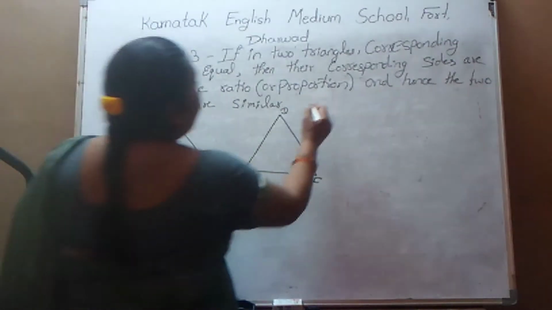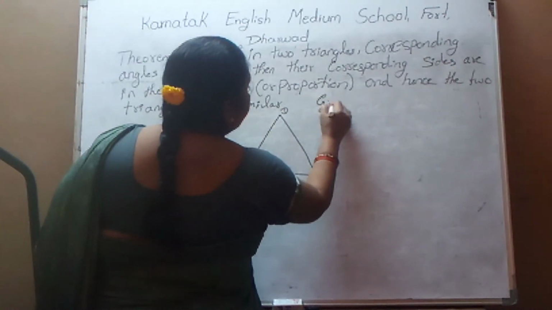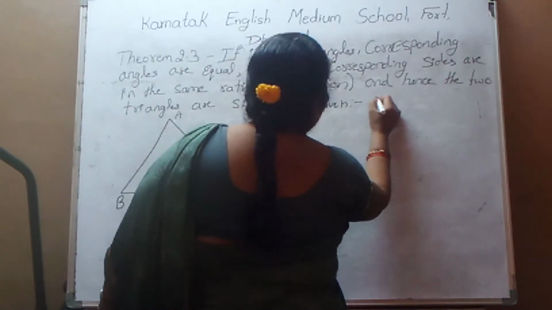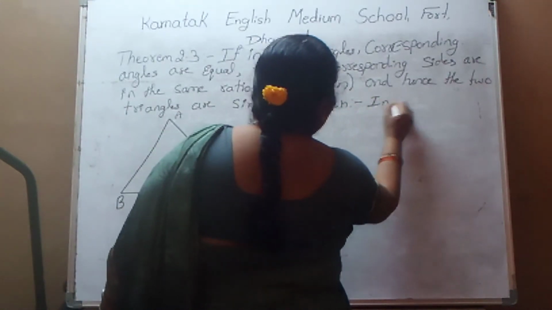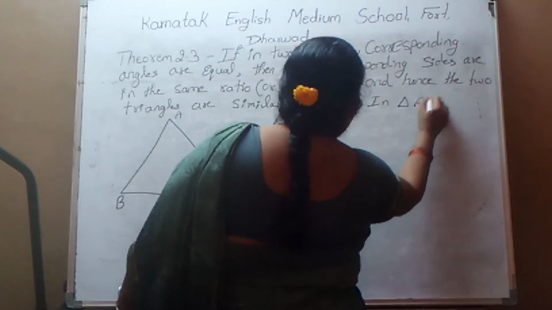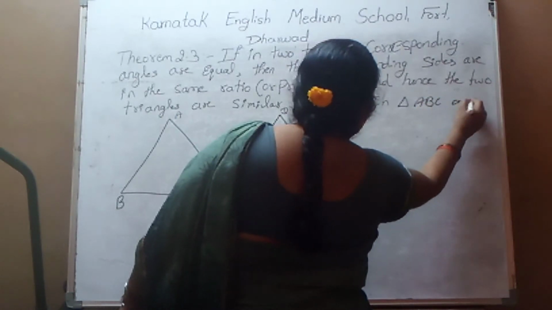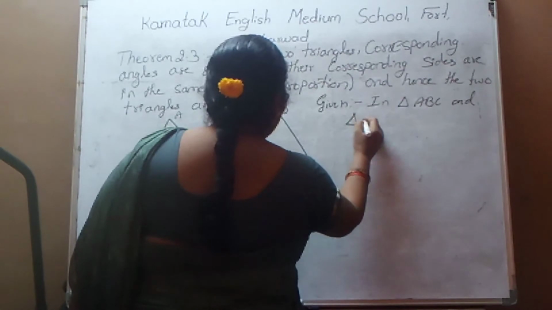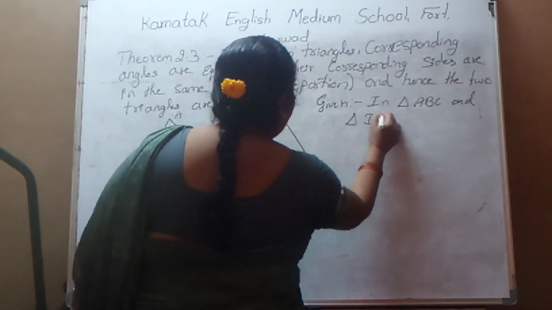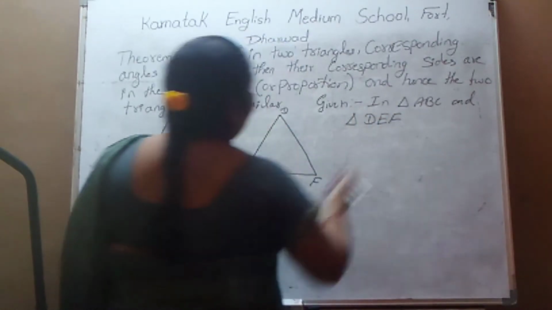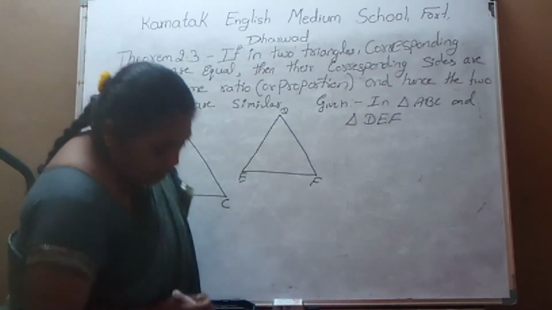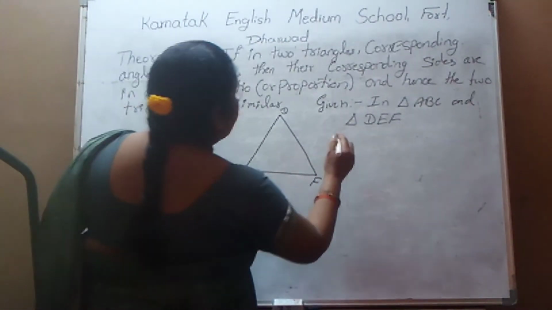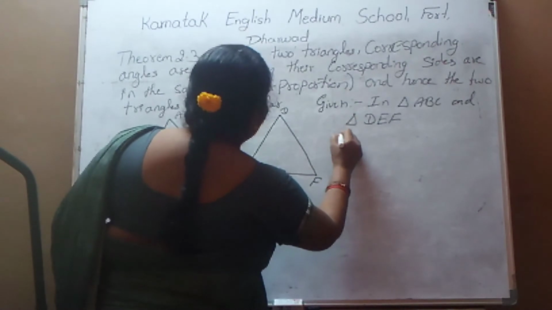What is given? In triangle ABC and triangle DEF, the corresponding angles are equal.